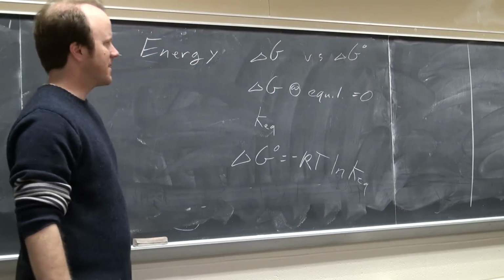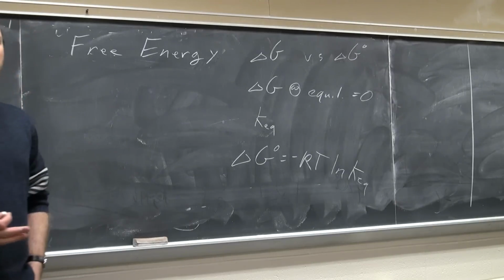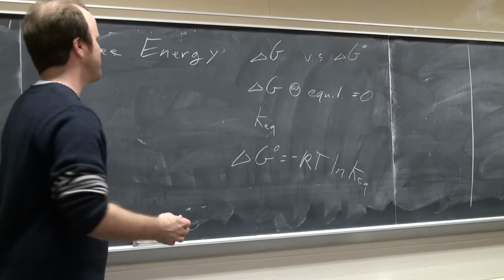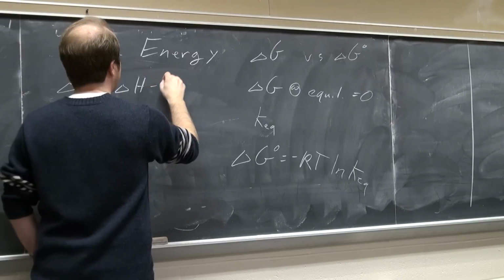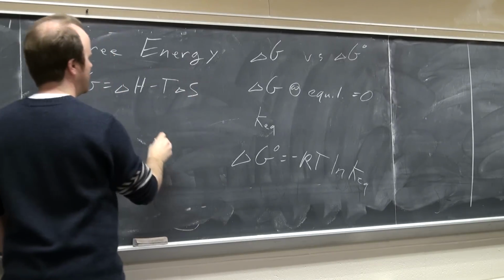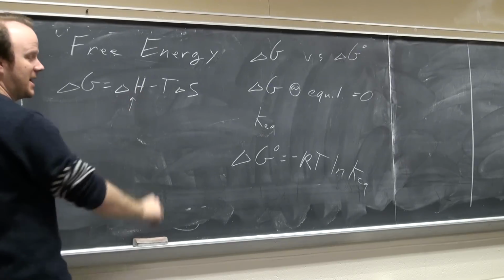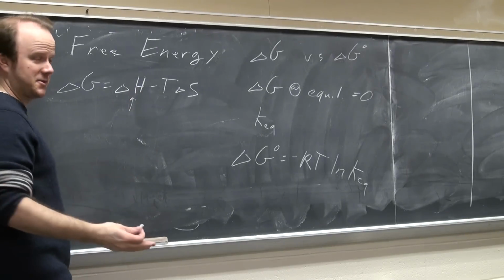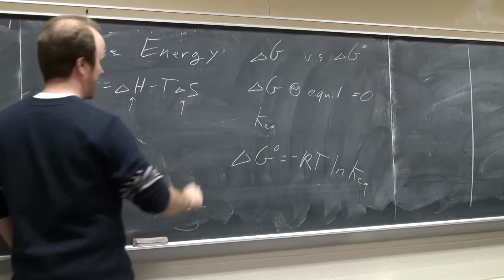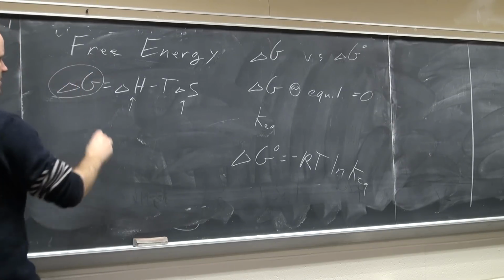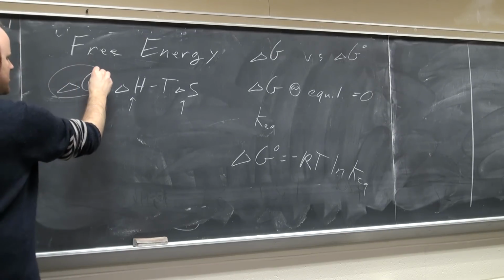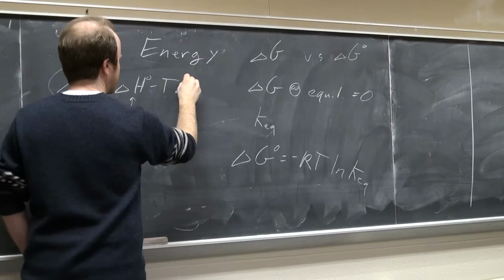So if I ask you something about free energy or equilibrium, remember delta G is delta H minus T delta S. You may have to calculate delta H from tables, and you may have to calculate delta S. Then you can get what you're looking for, delta G, or delta G 0 in this case.